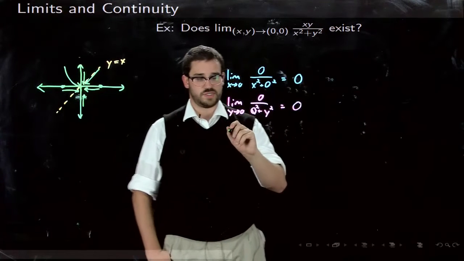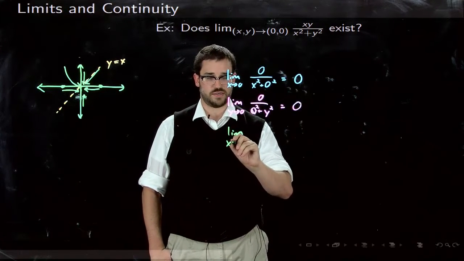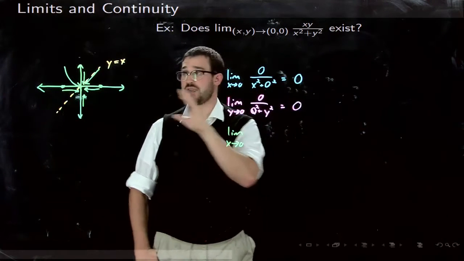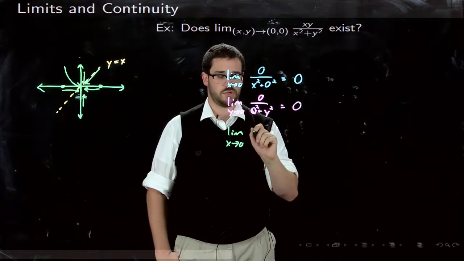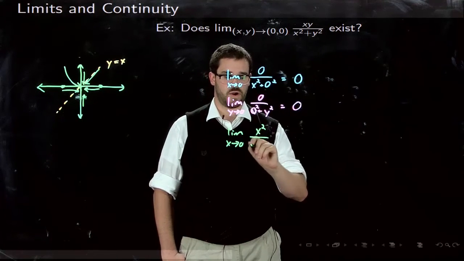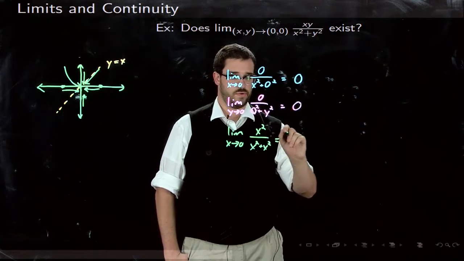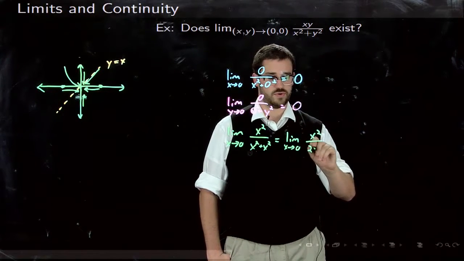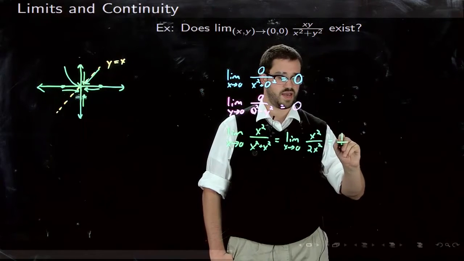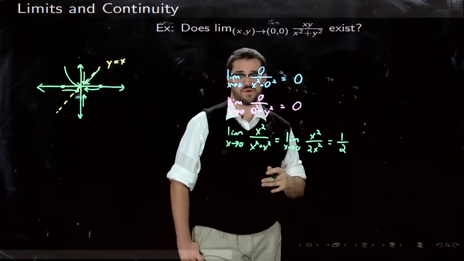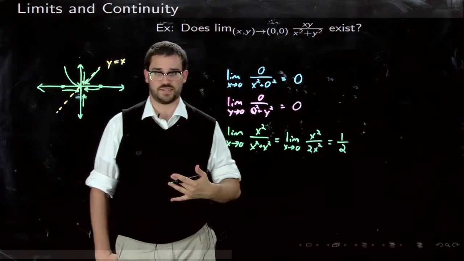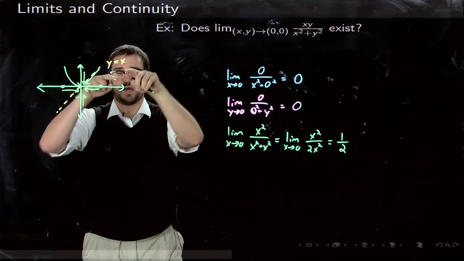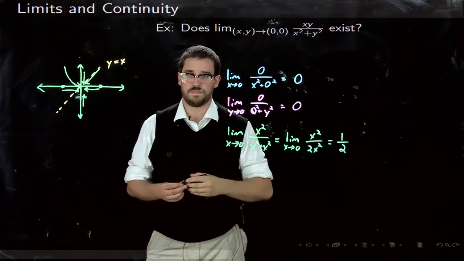So instead, we would still have the limit as x goes to 0, but along the line x equals y, so we would be saying x squared over x squared plus x squared, which is the limit as x approaches 0 of x squared over 2x squared, which is just 1/2. 1/2 does not equal 0, so the limit does not exist. And this is because we're approaching (0, 0), which is on this line. So this line here shows it.